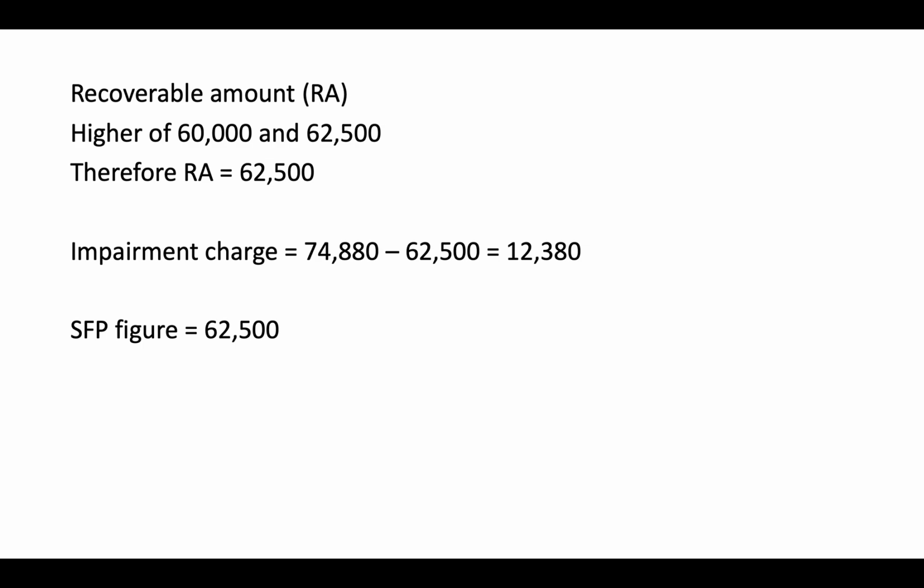The next step is to calculate the recoverable amount, which is the higher of the fair value less cost to sell and the value in use. These figures were provided in the question, and the highest figure is 62,500 and therefore that is the recoverable amount.